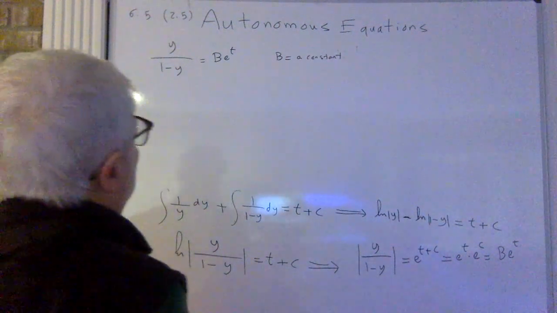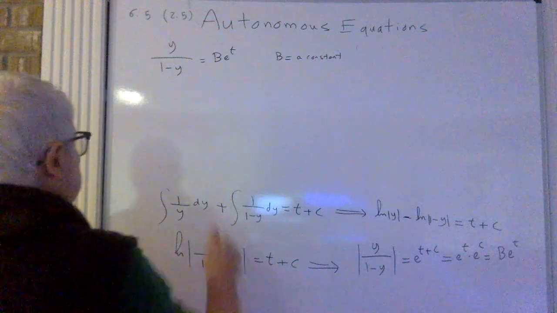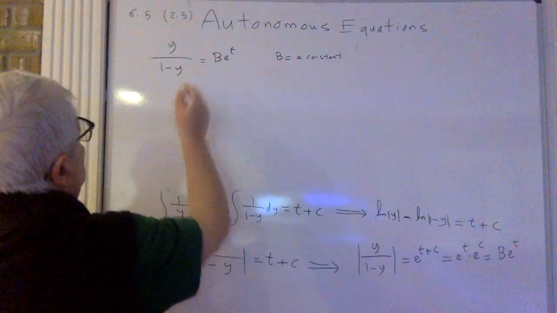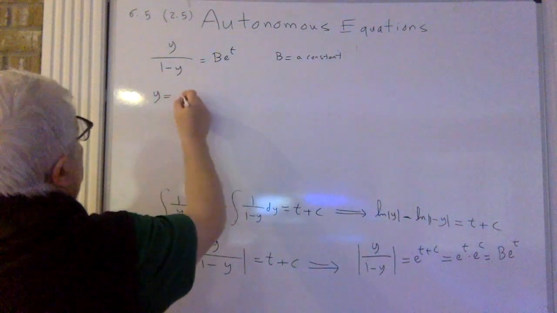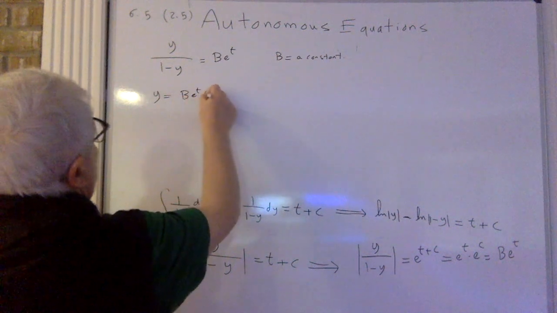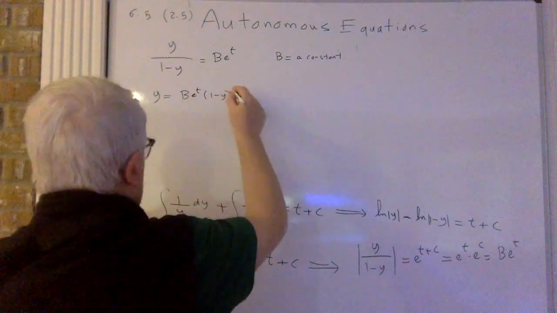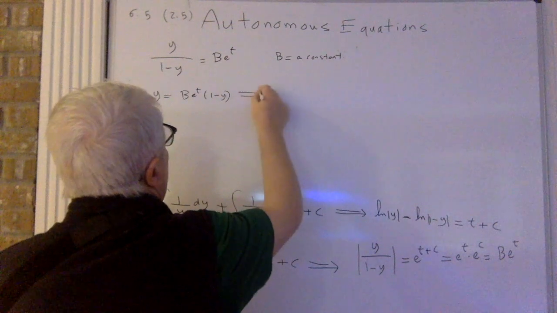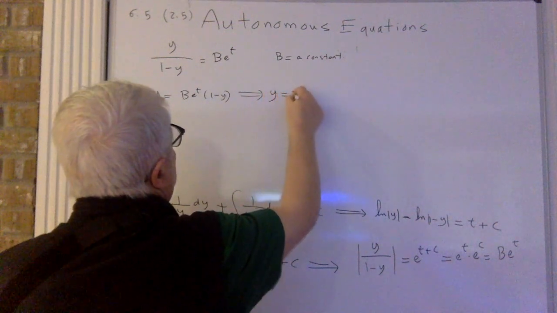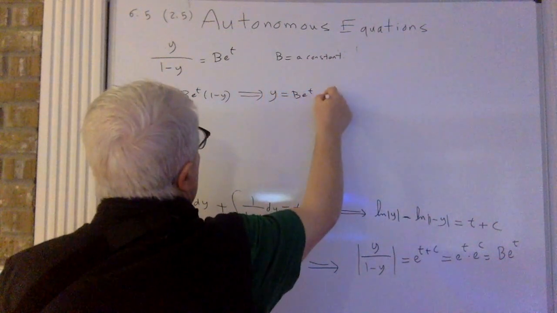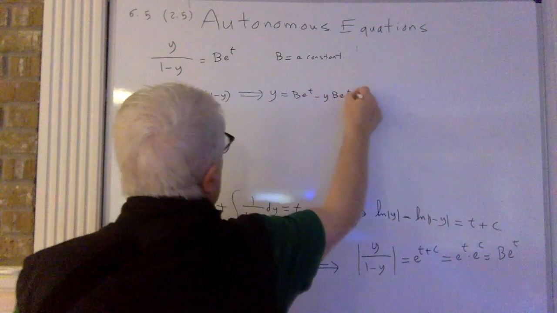So let's solve for y. We can do that here. So y is b e to the power t times 1 minus y, and that gives me y is b e to the power t minus y b e to the power t.